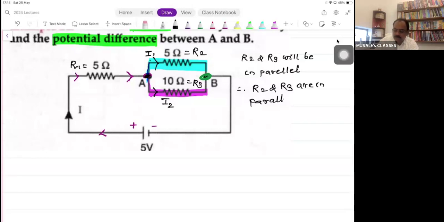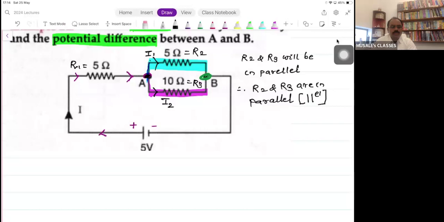आता याच्यानंतर पॅरलल शब्द फक्त असा लिहिला जाईल, दोन लाईन नंतर EL, that is parallel. Okay, since these two are in parallel, त्यांचं इक्विव्हॅलंट रेझिस्टन्स अगोदर काढायचंय.